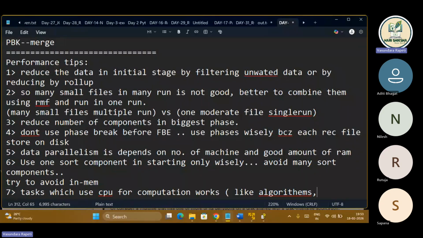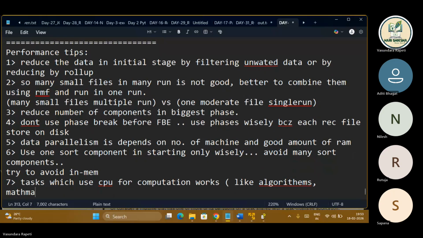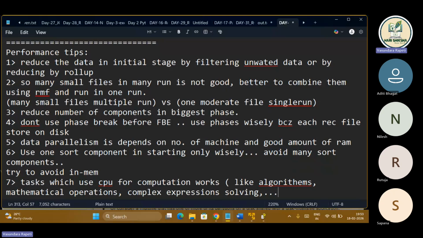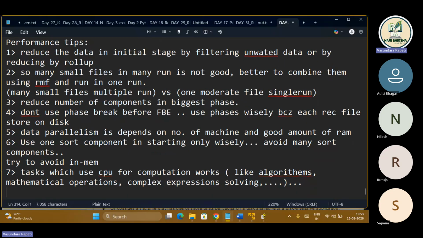Sorting is also an algorithm, and mathematical operations, complex expressions, multi-stage functions, these all are computational work. So the first thing is, don't rely on the database for computation work. Use the component.